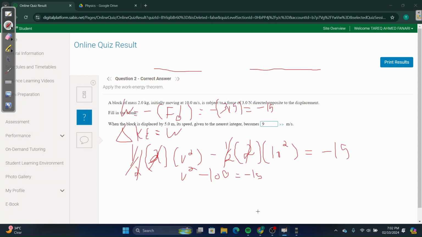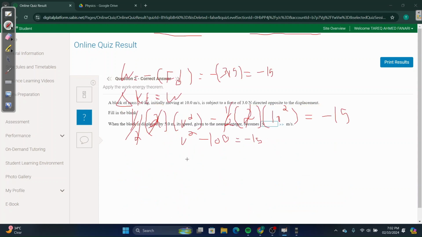Just going to move this up. So now you take the 100 to the other side. V squared is equal to negative 15 plus 100, which is going to be 85. So v is going to be the root of 85, which we can do on a calculator.